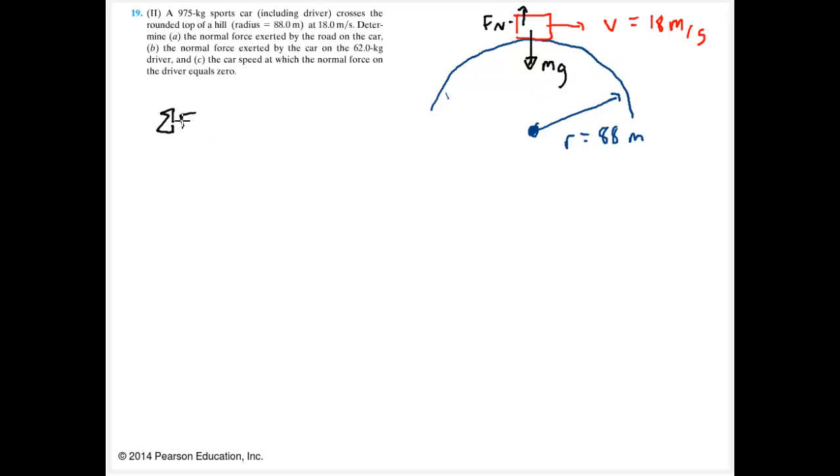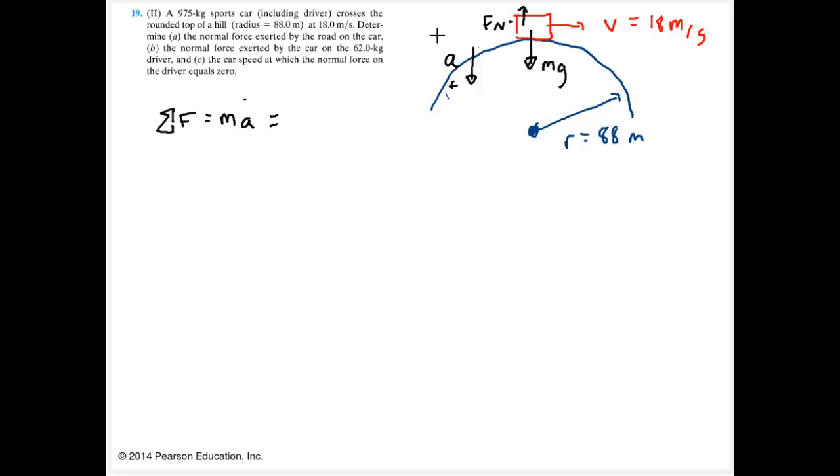So we can go ahead and write Newton's second law. The sum of forces is equal to the mass multiplied by the acceleration, and in this case the acceleration is going to be downward, and that is also going to be a centripetal acceleration. To make my life a little easier in terms of negatives and positives, I'm going to define downward to be the positive direction, so that makes a positive here.